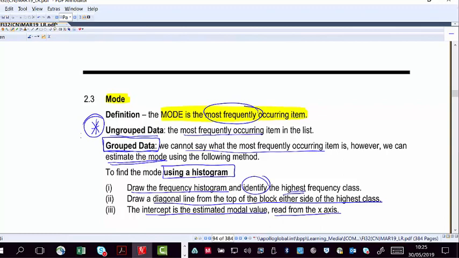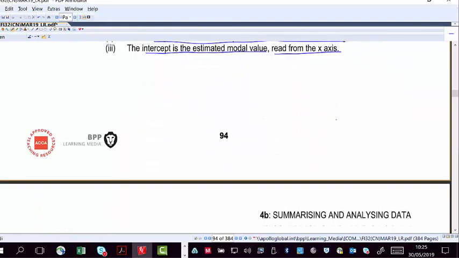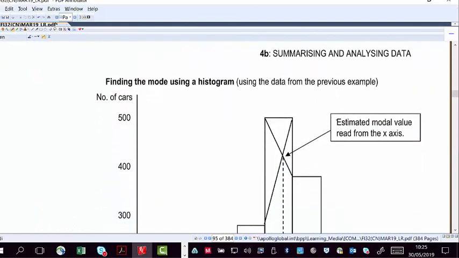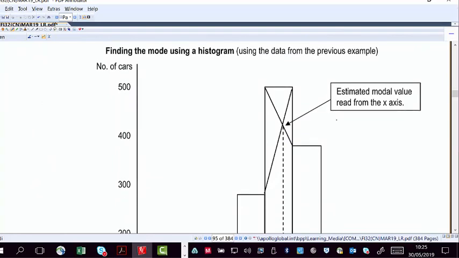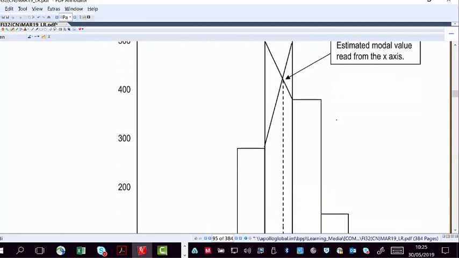But what they could ask you to do is maybe to interpret a histogram if they have given you the information in relation to grouped data. So let's just make sure that we can do that. We won't obviously be asked to draw it, but let's just make sure that we can interpret a histogram. Okay, so here we have an example of finding the mode using a histogram, and again this is using the information that we collated at section 2.1 in relation to the mileage.